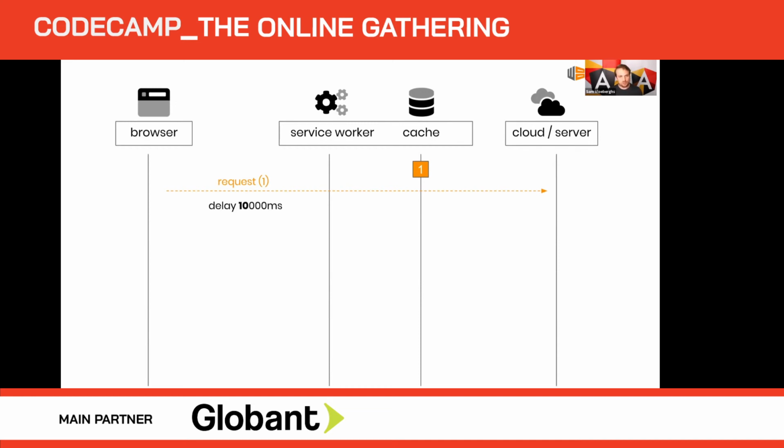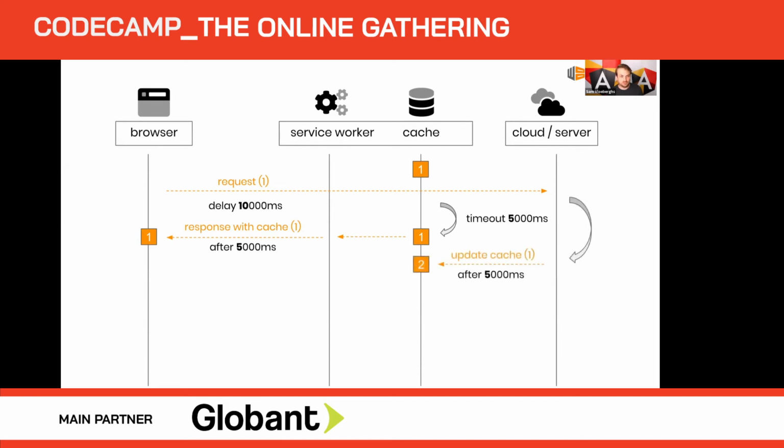So let's assume that our Workbox config is set to timeout after 5 seconds. So if there is a cache available, we return that cache after 5 seconds. But the original request keeps running in the background. So after 10 seconds, when it's resolved, the response is used to update the cache. After a few minutes of reading, we try to reload the news overview again, but the same thing happens.